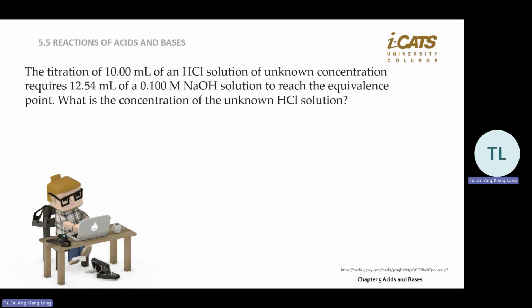If you have 0.00 something, give 2 significant numbers. This one is unknown; you don't know the concentration, the big M. Sometimes we represent concentration with a bracket.